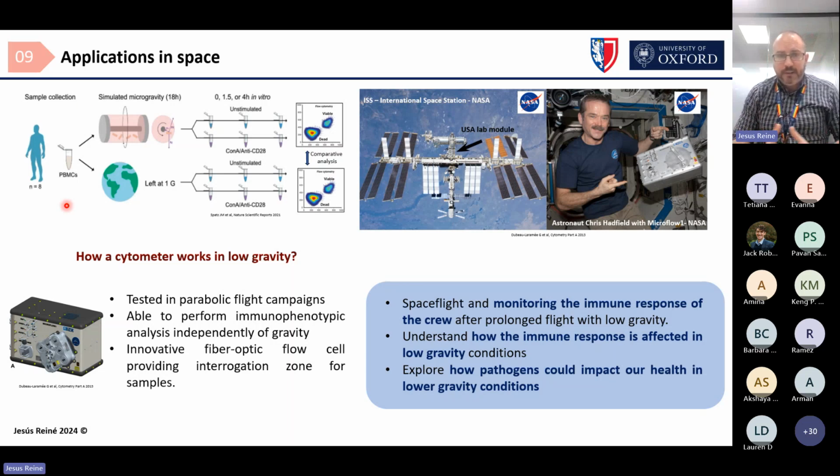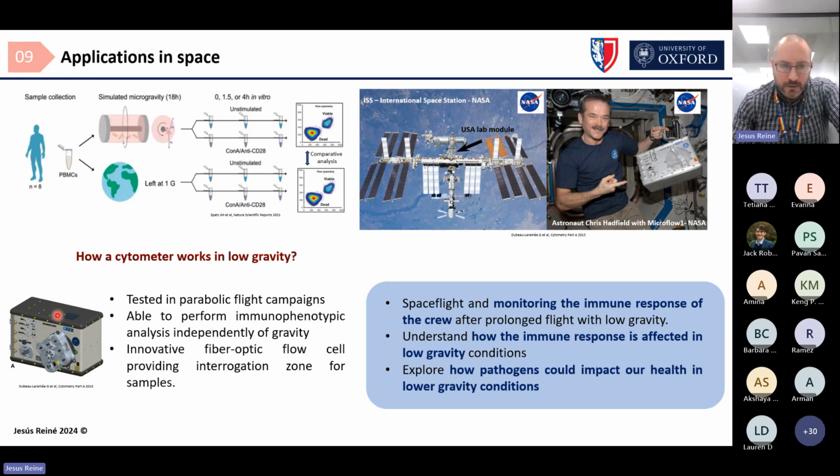The main problem is that the cytometers that we know usually work in normal gravity conditions, right? To create that kind of laminar flow inside to align the cells, we need to recreate a different mechanism to analyze the samples.